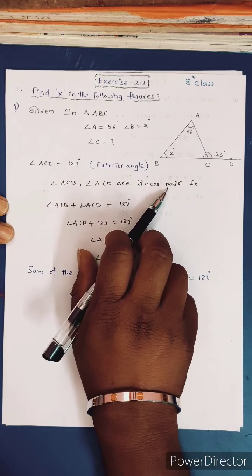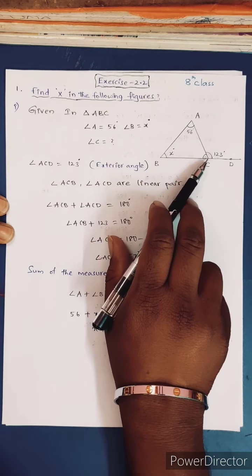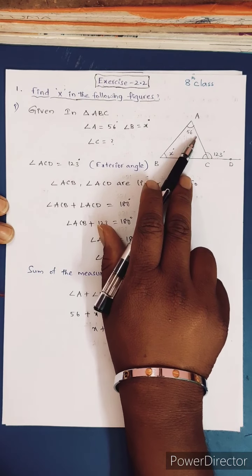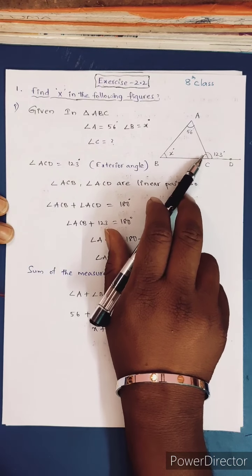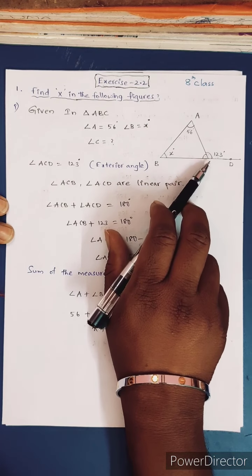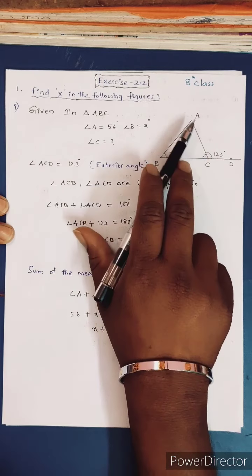So again, what is meant by a linear pair? If two angles have a common point and a common edge, they are called a linear pair. See, these two angles have a common point C and a common arm, the common edge AC.